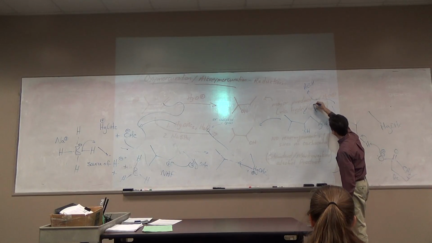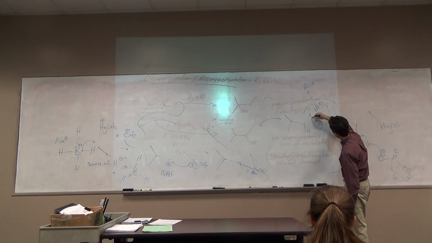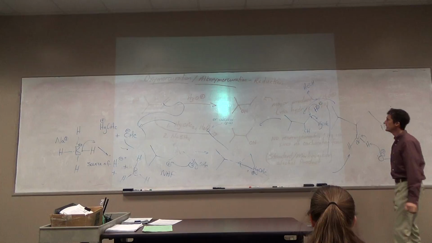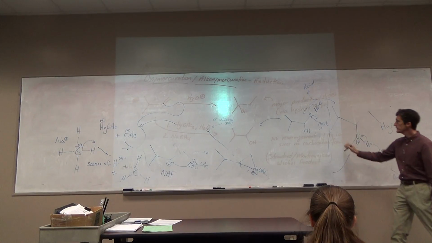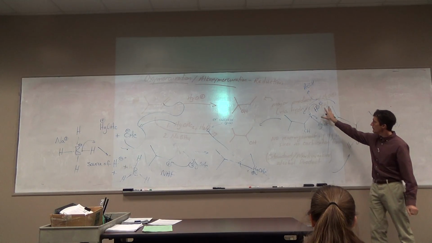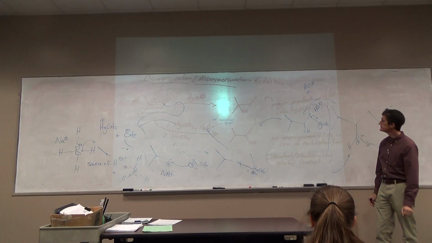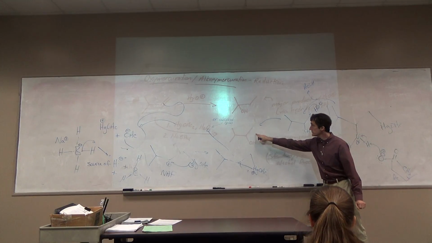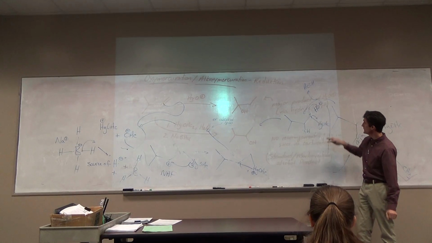We can just use this. These electrons add here and kick off the mercury. The mercury is going to be a leaving group. What would this give? Well, we give this because now we have the H there instead of the mercury.